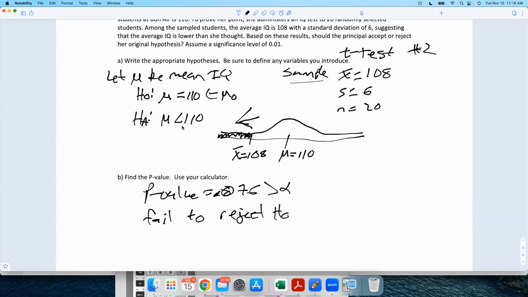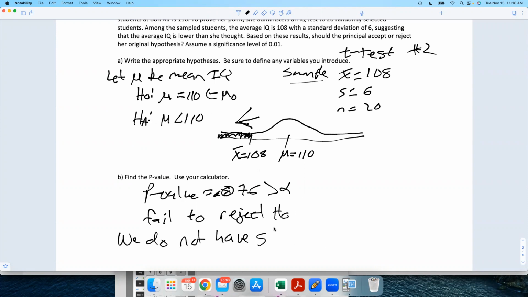What's that mean? We're always going to write this sentence right here in words. Always. We're either going to say we do or we do not have strong evidence to back this up. So here we would say we do not have strong evidence. We were not allowed to accept the alternative here.